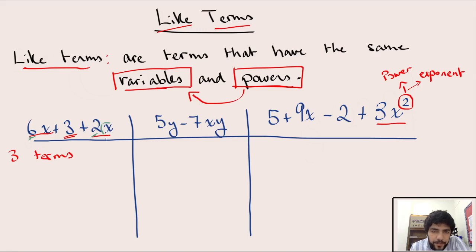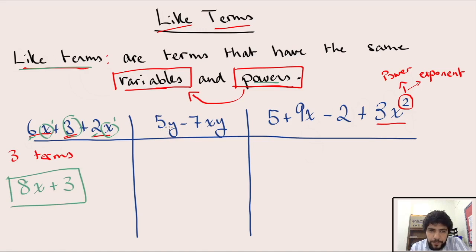But as long as the variable, the x, and the power of that variable are the same, and if there's nothing written, that means that the power is 1. So they both don't have a power, which means that they're the same. Then these two are like terms. So in this case, we can add them. The thing about like terms is that you can't add or subtract unlike terms. But since these are like terms, we can say 6x plus 2x, which would be 8x. And then the 3 would just remain as it is, so plus 3. Okay?